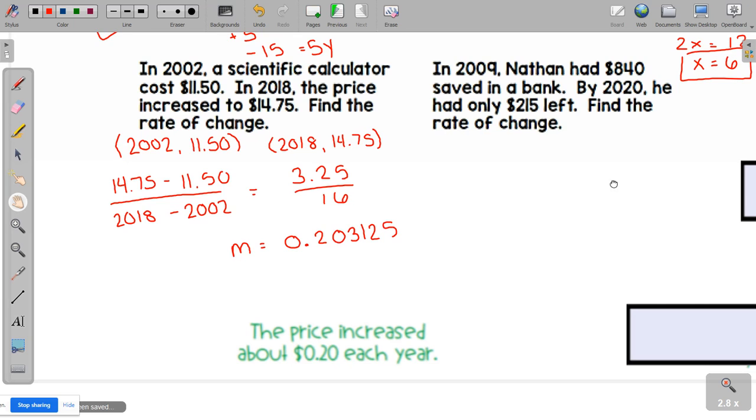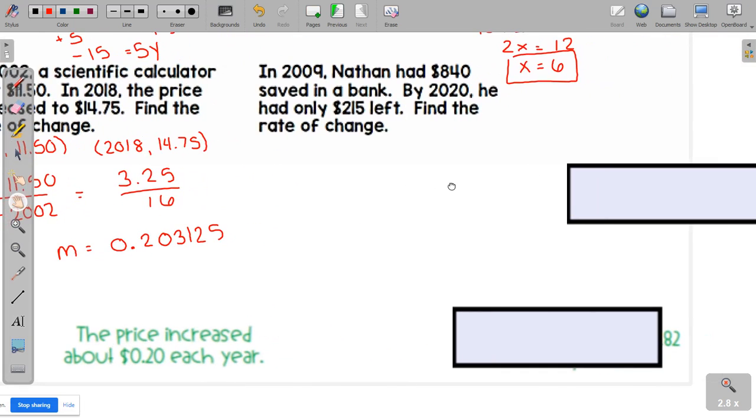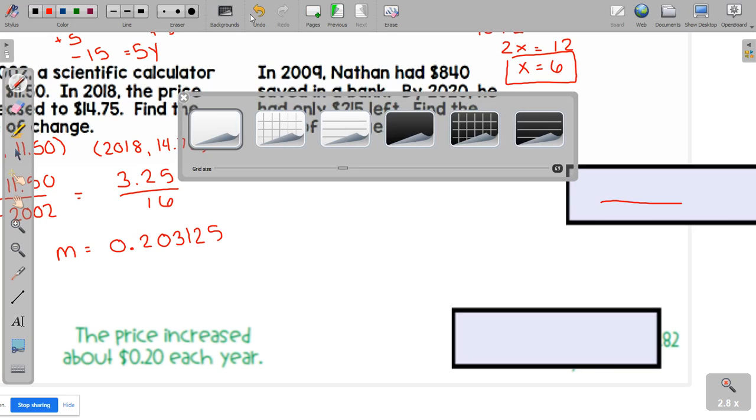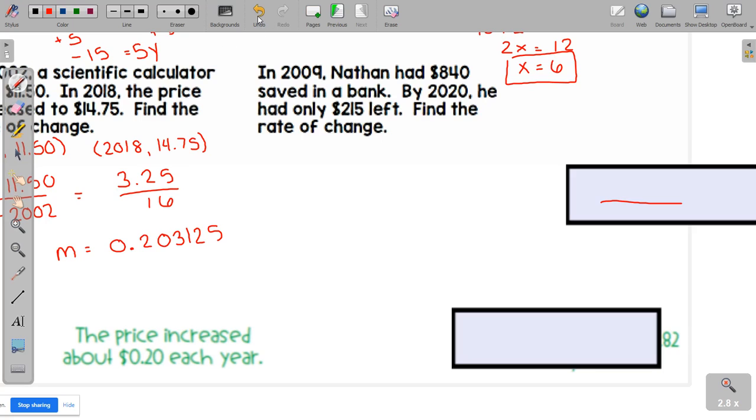Let's look at the last question here. In 2009, Nathan had $840 saved in the bank. In 2020, he only had $215 left.